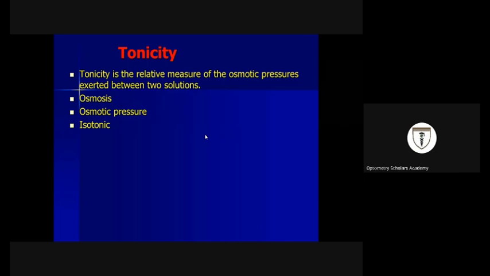So tonicity is like the relative concentration of a solute in a solution compared to other solutions. Are you with me?